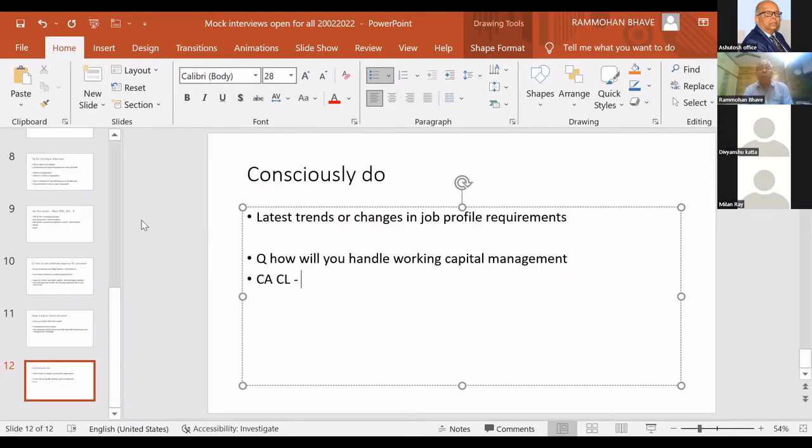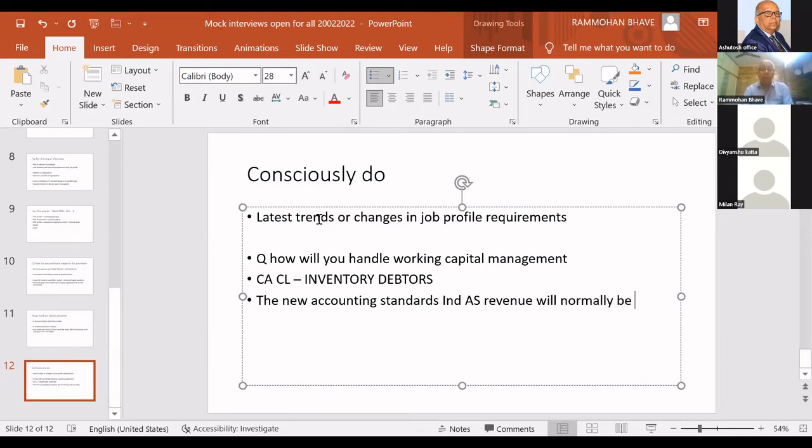Then your answer starts with mainly on the current asset side, there are inventory and debtors. You should also make a mention that the new accounting standards, Ind AS, the revenue will normally be different than the billing done. The figures may not match. AS11.